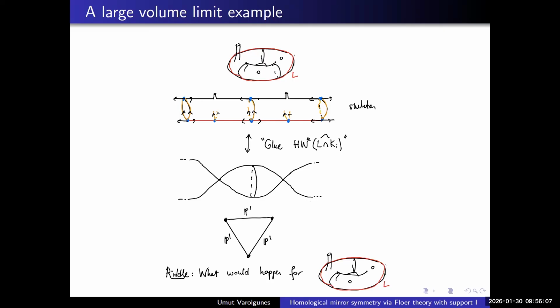Then, for the cylinders that contain a puncture, the Lagrangian Floer cohomology again lives in degree 0, and it has a generator coming from here, x, another generator coming from here, y, and x times y is equal to 0. This is the local model of x times y equals 0. The algebra gives me two transversely intersecting lines.